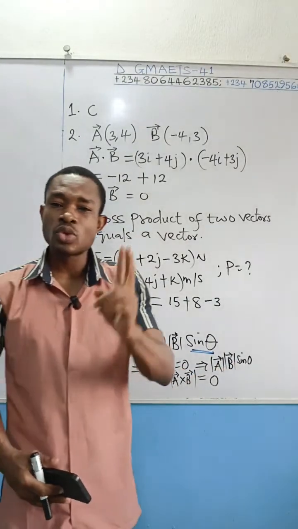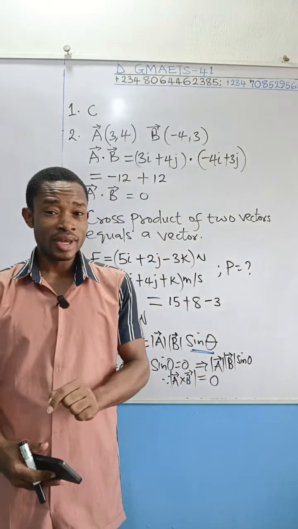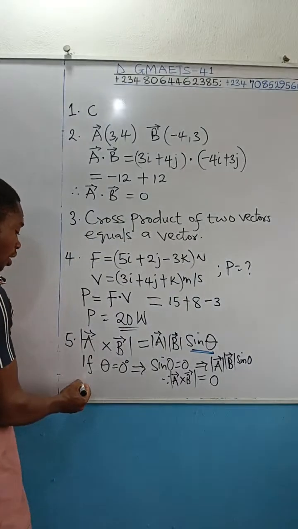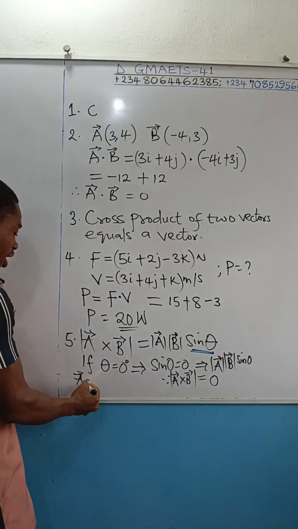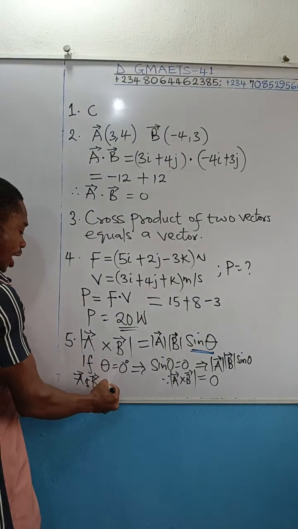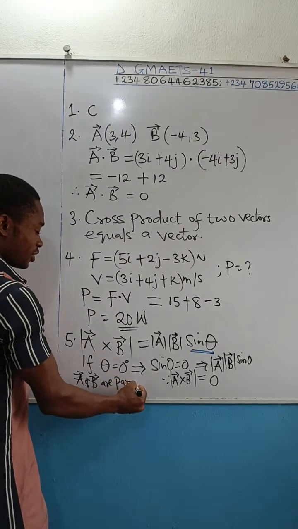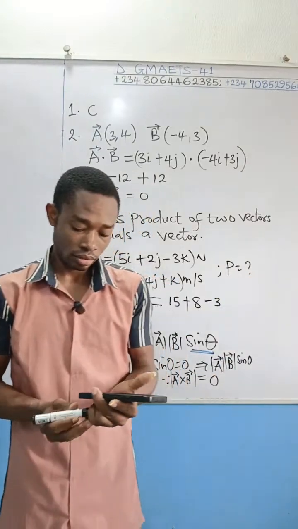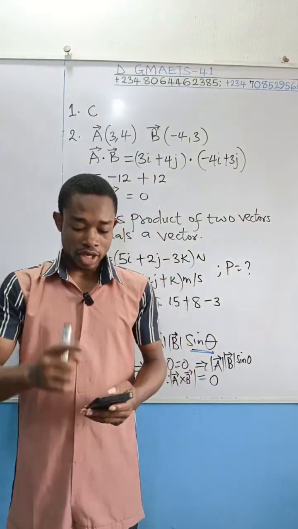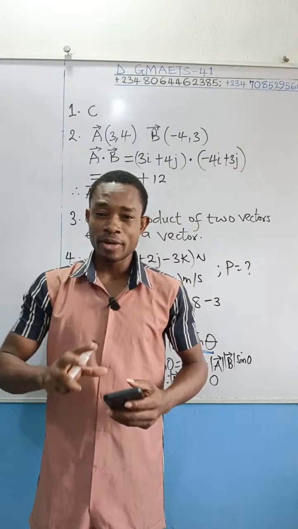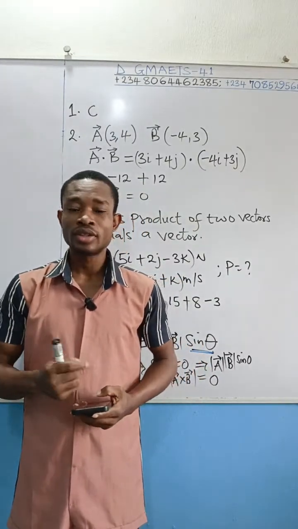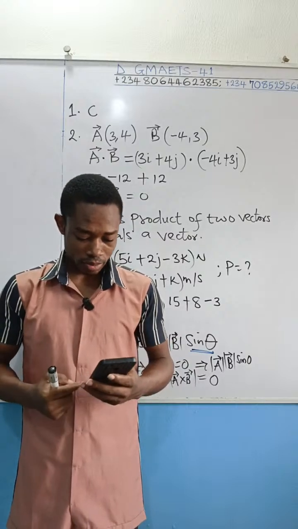And when the angle between two vectors is equal to 0, you can conclude that the vectors are parallel. So vector A and B are parallel. That is to say, they are moving in the same direction. So you want to take note of that. I've been able to give a clear interpretation to what the answer to this question is meant to be.